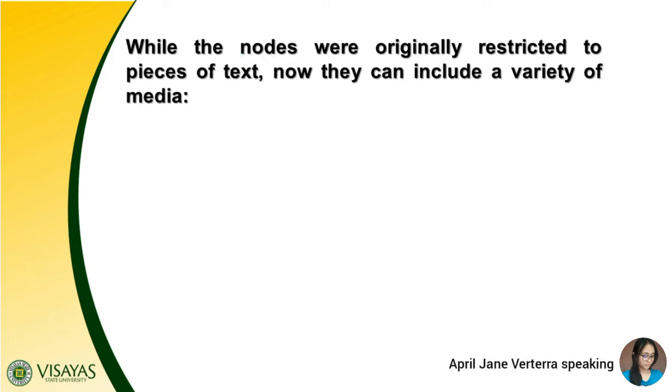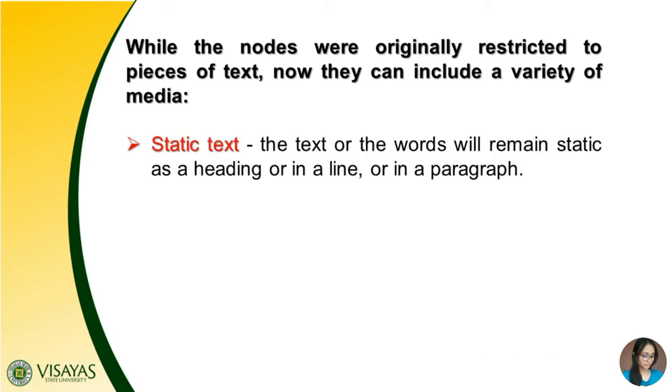I don't know what actually the correct term is, but yes, from the networking sites, which would transmit and or receive information. So the nodes before were limited to pieces of text, but now they can include a variety of media.